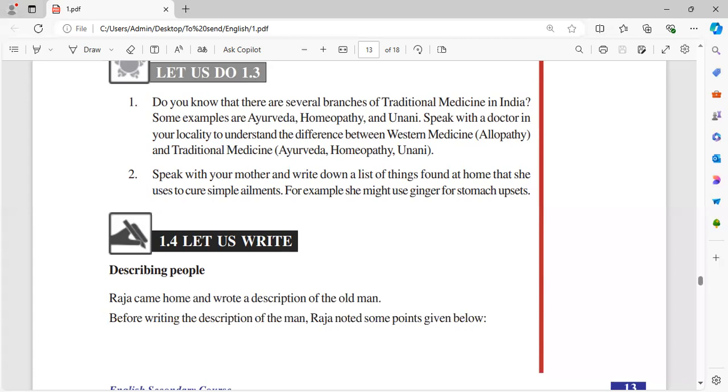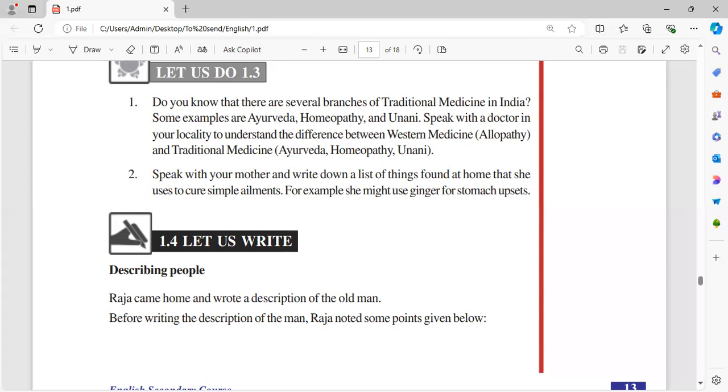Speak with a doctor in your locality to understand the difference between Western medicine, allopathy, and traditional medicine, Ayurveda, homeopathy, Unani. It's a homework for you. What is being asked to you is, there are several branches of traditional medicine in India.